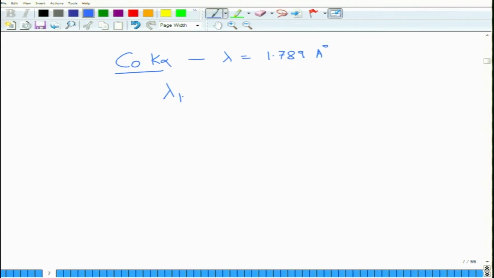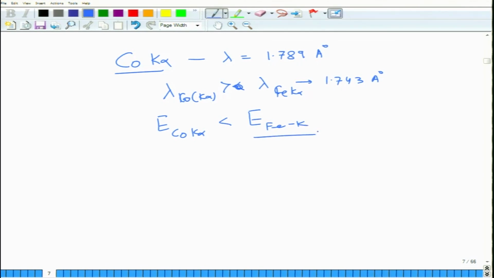So this lambda is higher than the lambda of iron, which is FeK alpha, which is, as I said, 1.743 angstrom. So the energy of CoK alpha is lower than the energy of FeK, so there will be no absorption. Okay. So basically the same concept of the absorption edge.